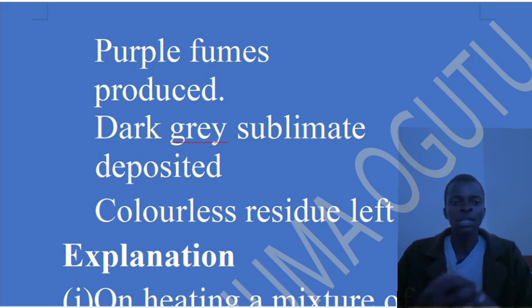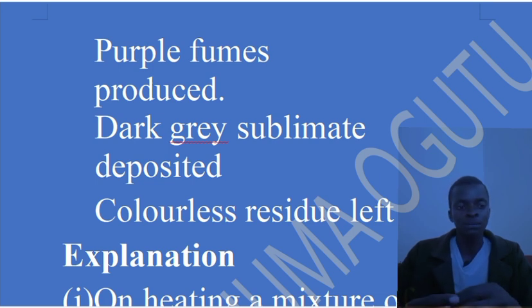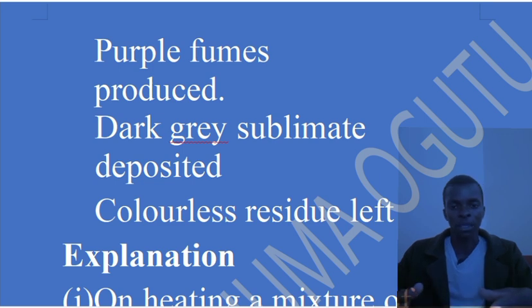Now let's see the explanation of the different experiments that we are carrying out. On heating a mixture of ammonium chloride and common salt, white fumes of ammonium chloride are produced. The white fumes solidify. Remember, they sublime, then later they solidify due to the cold water on top.